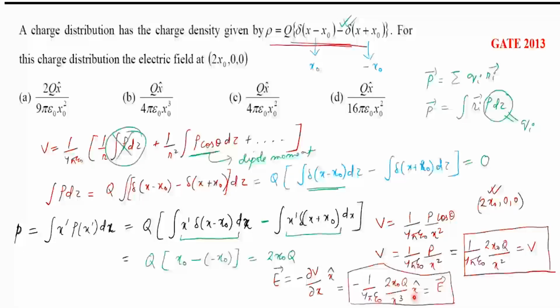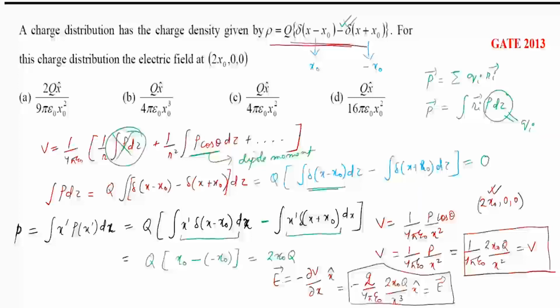Are you not able to follow this? Sir, in the electric field, we are missing a factor of 2, I'm thinking so. There should be a factor of 2 multiplying it, sir. Okay, one more factor of 2 should be there, right? So can I write here 2? Is it fine? Yes, sir.